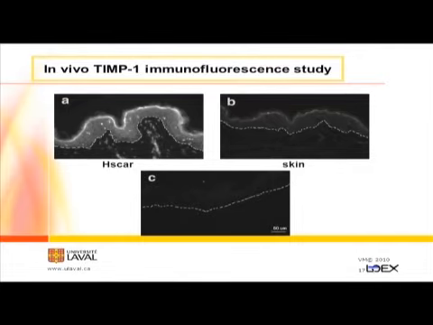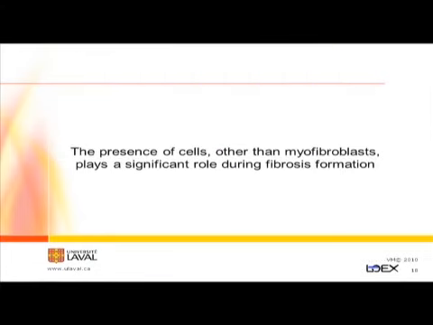You can see that in the epidermis, keratinocytes produce more TIMP1 in hypertrophic scarring than in normal skin. Usually hypertrophic scar is thought to be mainly a dermal pathology, but using tissue engineering methods, we detected that keratinocytes play a significant role during fibrosis formation.